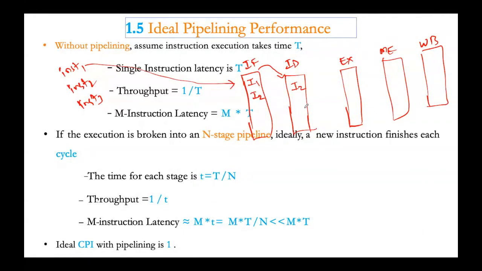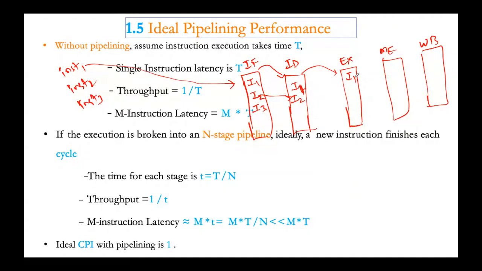In the third cycle, instruction 1 propagates to the execution stage, so the ID stage is free and will be used by instruction 2, and the instruction fetching stage will be given to instruction 3.